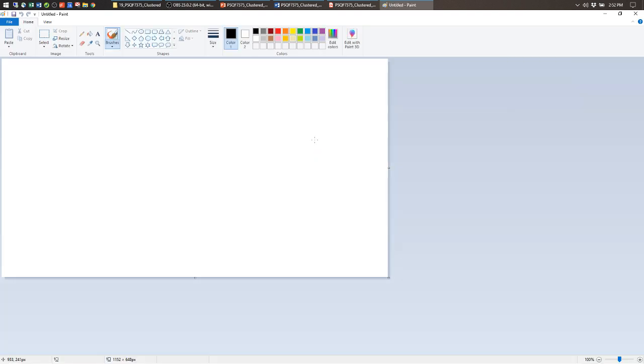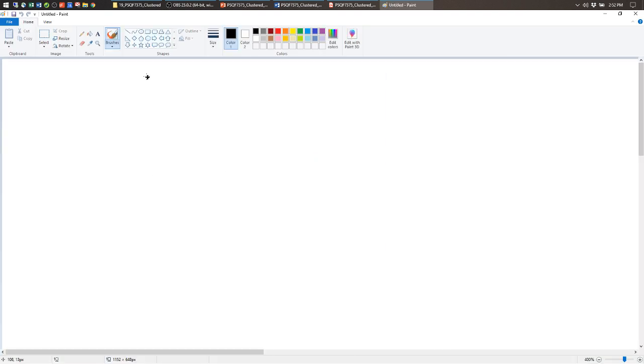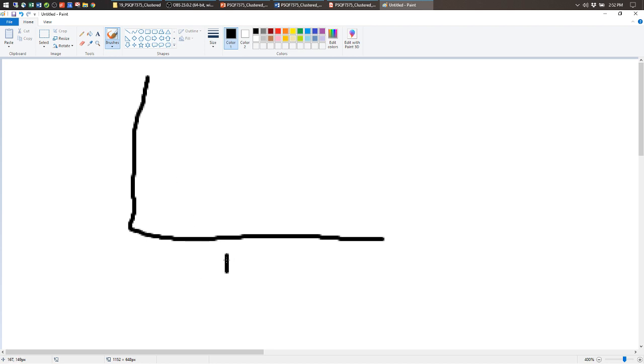get out my favorite tool, Paint, here. There's my axis. This is school mean performance IQ. It's hard to write with a mouse, so we'll do this. Performance IQ: there's a positive effect where more helps.